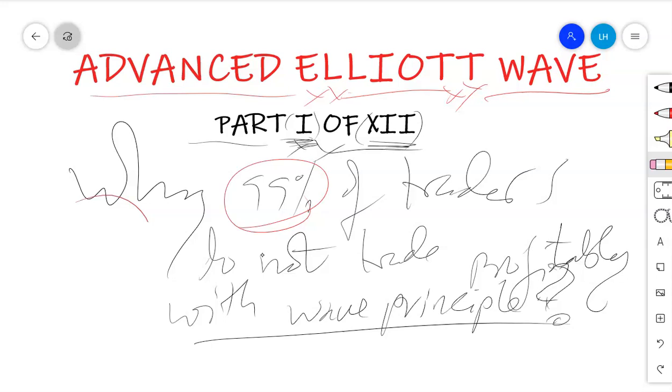Therefore, you must incorporate certain information with the wave principle in order to be able to use it as a trading strategy. Most traders have information or knowledge about the wave principle, but they have not incorporated that information, or they fail to turn it into what we call a trading strategy.